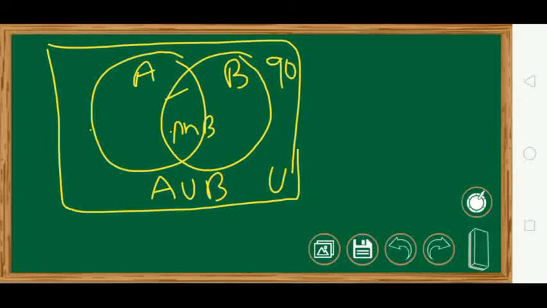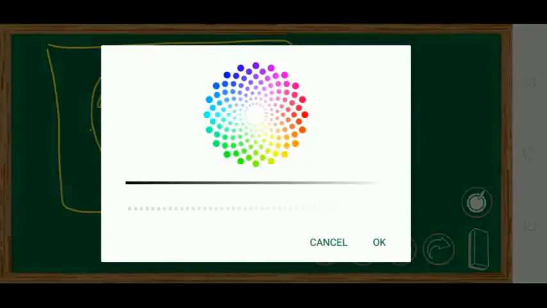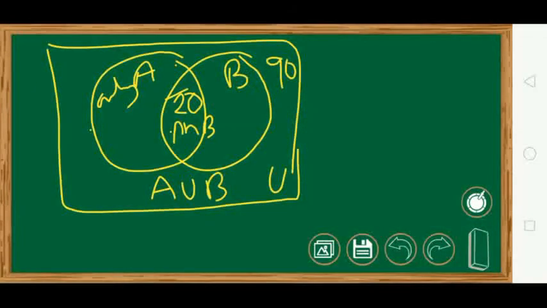But the intersection, drinking both, is 20. So this part is known as only A, and that will be 40 minus 20, that is 20.